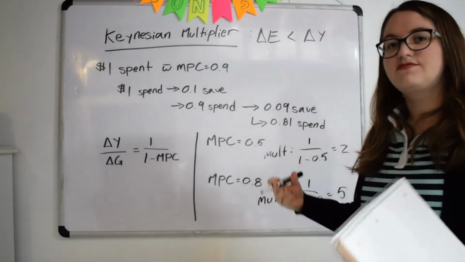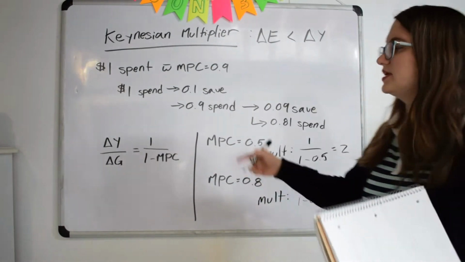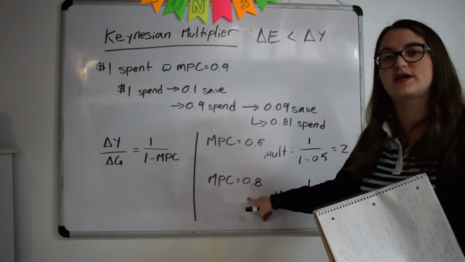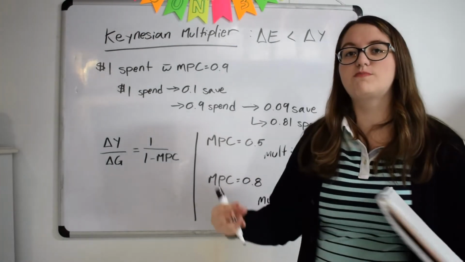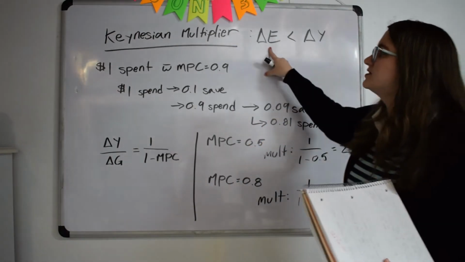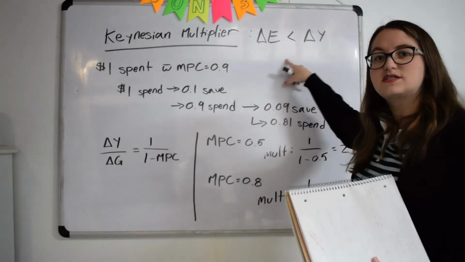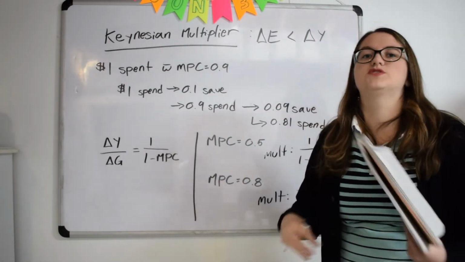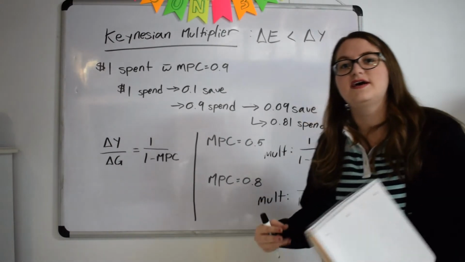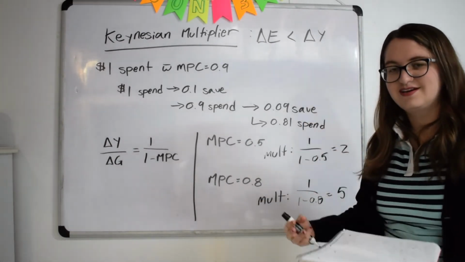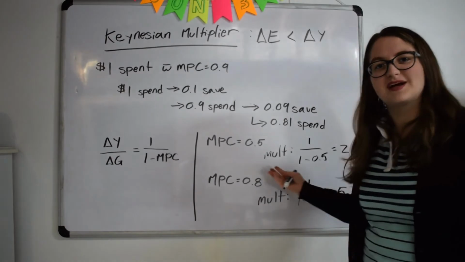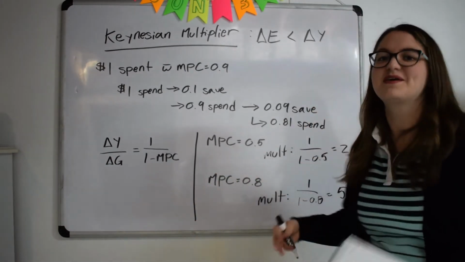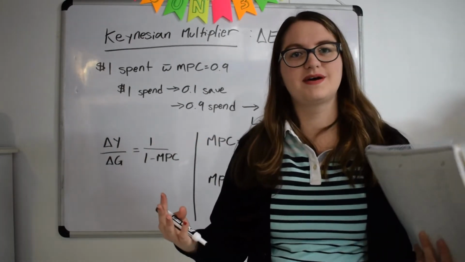So you get 5 times the amount you initially spent when you have a consumption of 0.8, because when you consume more, more goes into the expenditure, and thus more GDP comes out. Because we have this rolling down the hill effect until it reaches infinity. So this would be the moment where I'd say, hey, pull out your calculators and do these questions for me. But that's okay. Just keep going along.